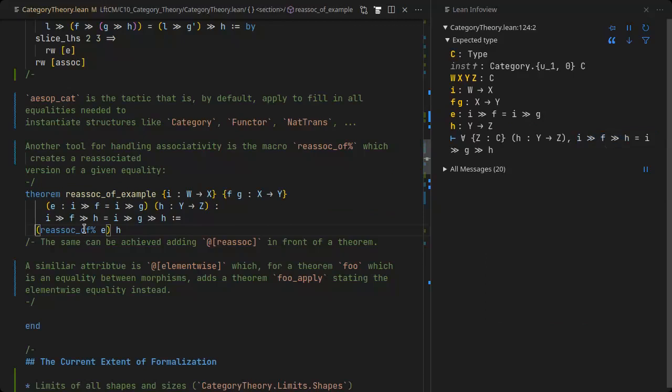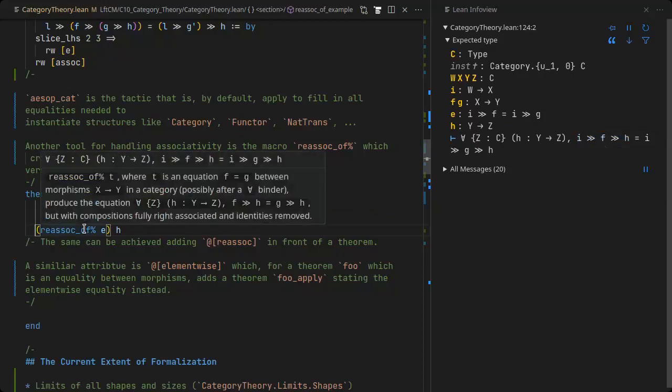What reassoc does is, for every lemma or statement that has some sort of equality, whether it be a lemma or a local statement, it generalizes it by putting an arbitrary morphism on the left-hand side and on the right-hand side at the end of it. That allows us to rewrite along this lemma or statement even if the bracketing is wrong.